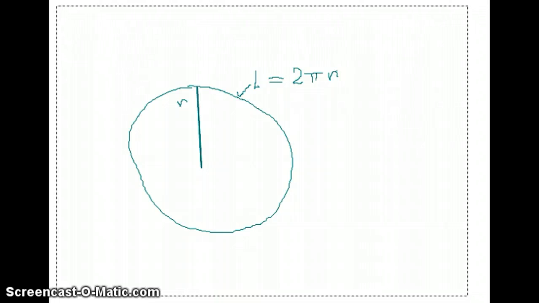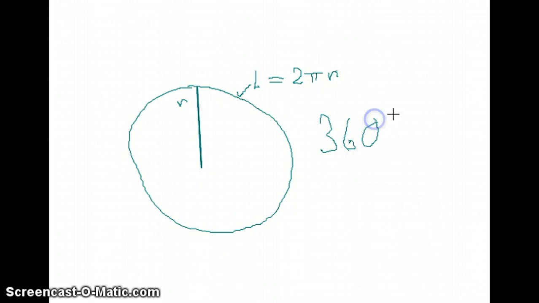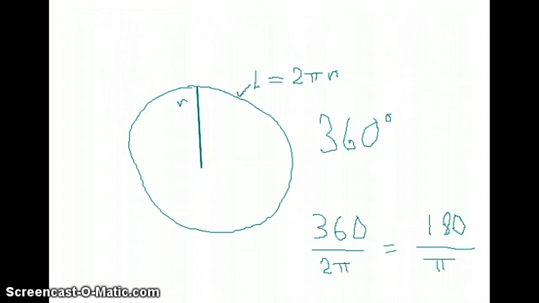We also know that the full circle angle is 360 degrees. So from these observations we get the coefficient 360 divided by 2 pi, or 180 by pi. So how to use this coefficient?